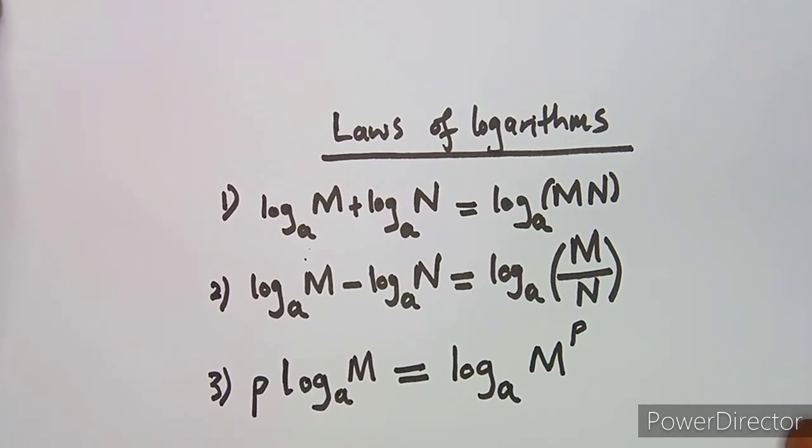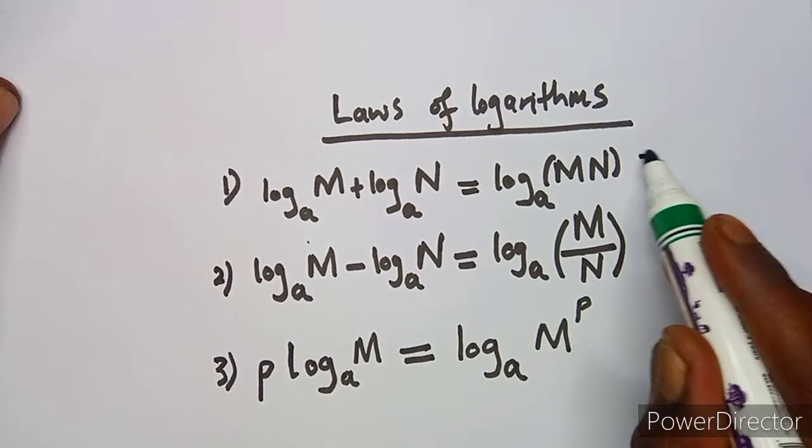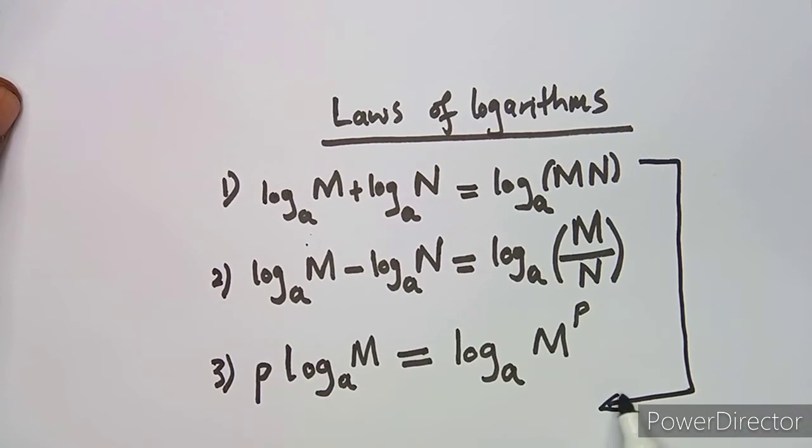I hope you take them down so that when we are to use this, we can understand the basic part that I'm talking about here. We can refer to this as the laws of logarithms.